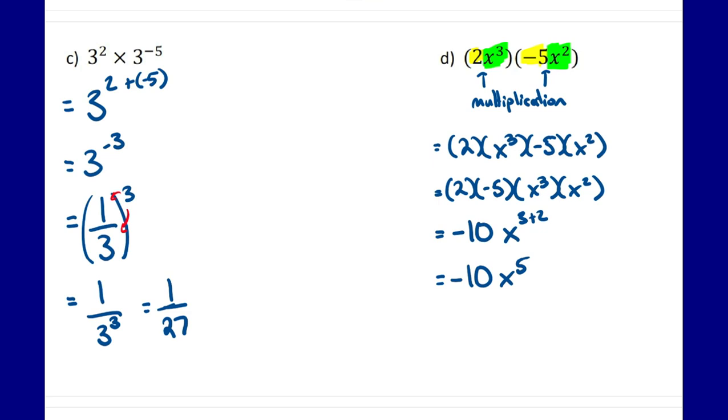So when you have a coefficient or a number and a power, or a number and a variable, focus on similar parts. So I'm just going to make a small note on that. And the highlighting will really come in handy here because it helps identify the different parts.